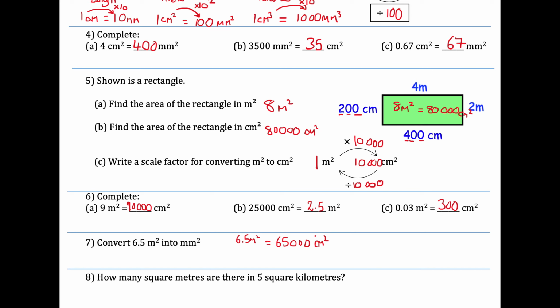And then from above, square centimetres to square millimetres, we're timesing by 100. So another couple of zeros on that. So we'll have 5 zeros. So that's 6.5 million square millimetres.